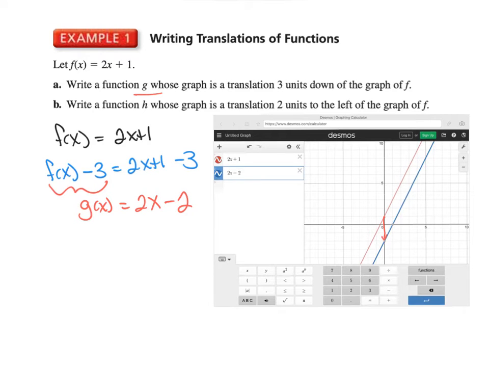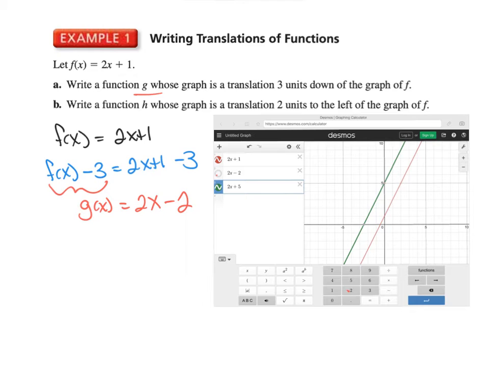So let's take a look. We'll add another function. The original one is still there, still in red. I'm going to put in our new function, 2x plus 5.